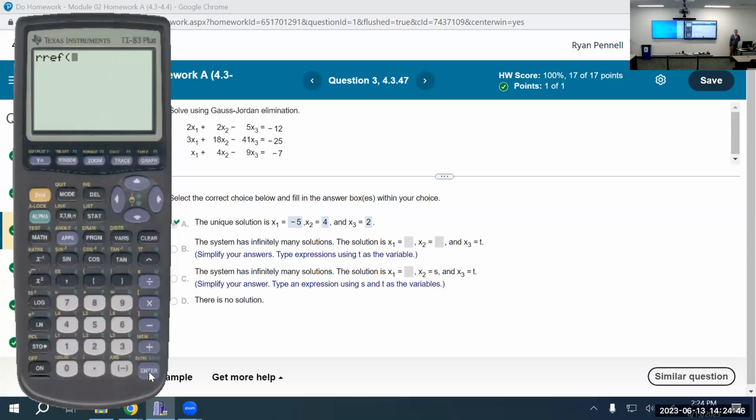Calculator, I want you to reduce that matrix for me. Reduced row echelon form. Then I'm going to pick my matrix. Second, matrix. Select matrix A. Hit enter. And it tells me the answer. Negative 5, 4, and 2. You can see that that is the answer.